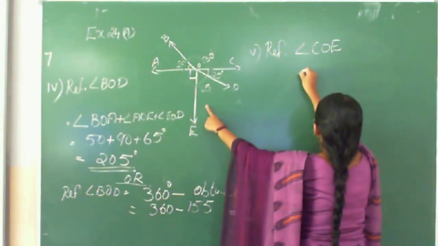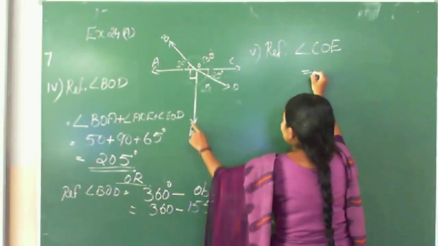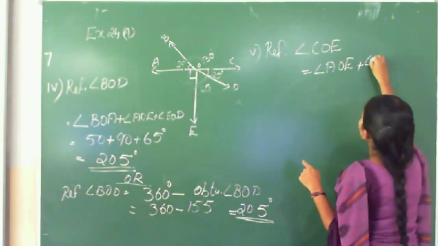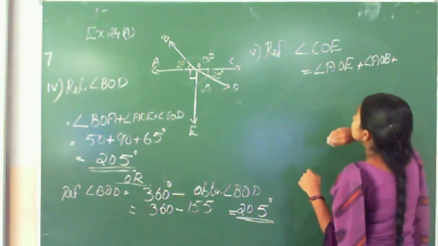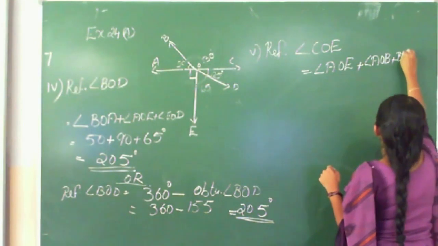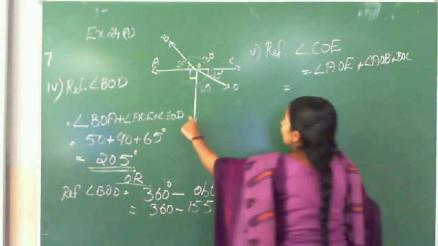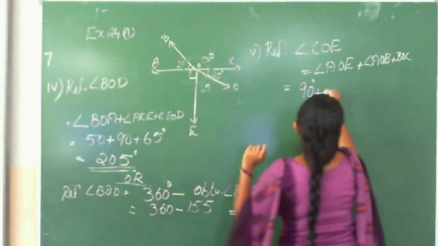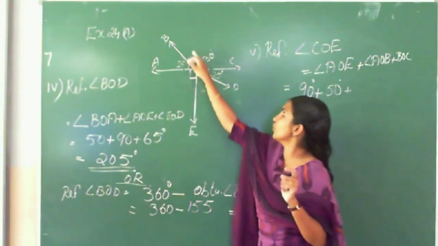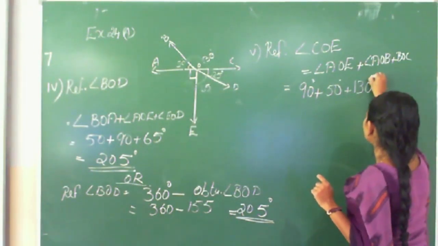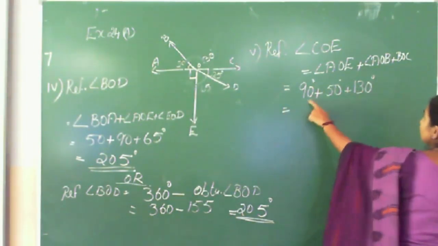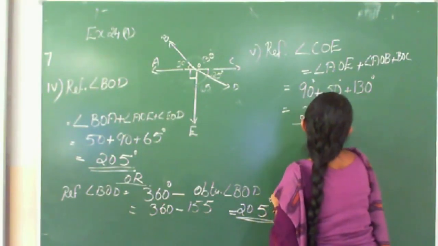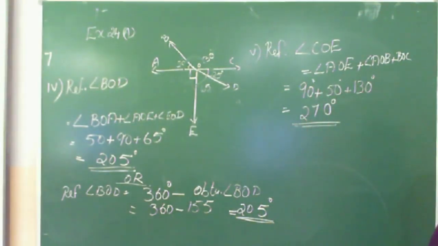So reflex angle COE is equal to angle AOE plus angle AOB plus angle BOC, which is equal to AOE 90 degree plus this one 50 degree plus the next one 130 degree, which is equal to 270 degree. The reflex angle is 270 degree.